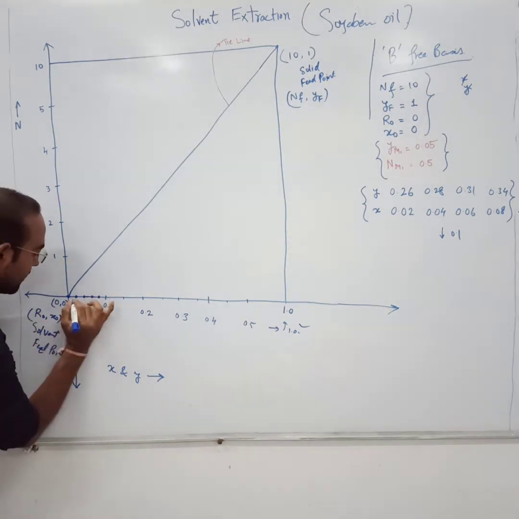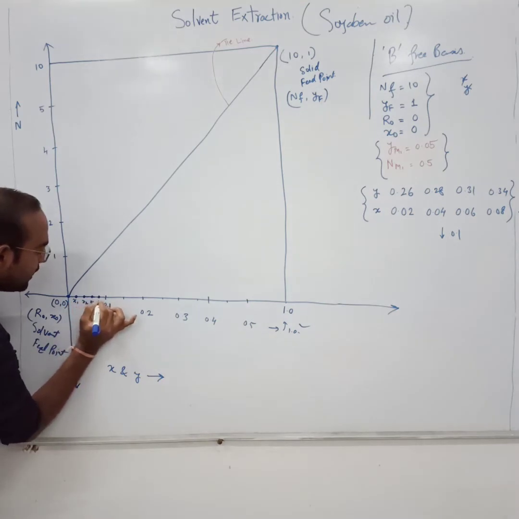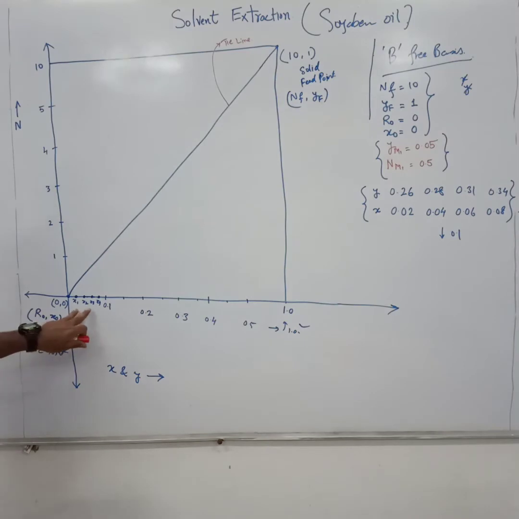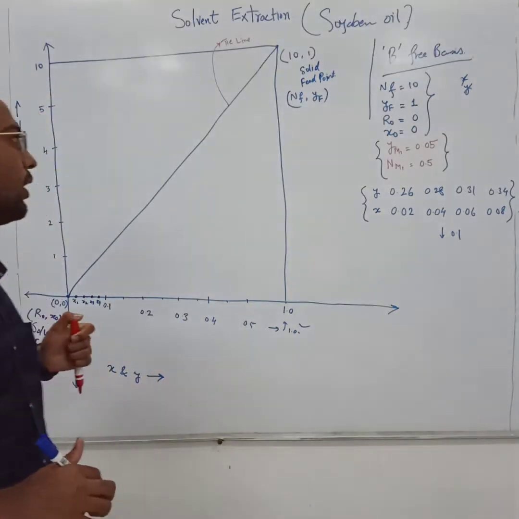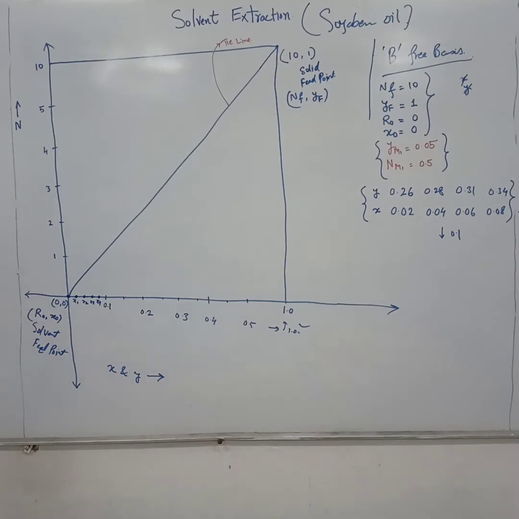So these are the values x1, x2, x3 and x4. Similarly, you need to plot the values of your y, that is 0.26, 0.28, 0.31 and 0.34. Okay. Wait for a while.